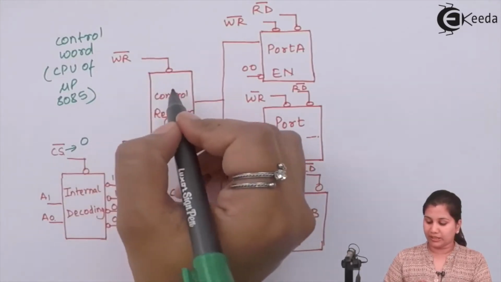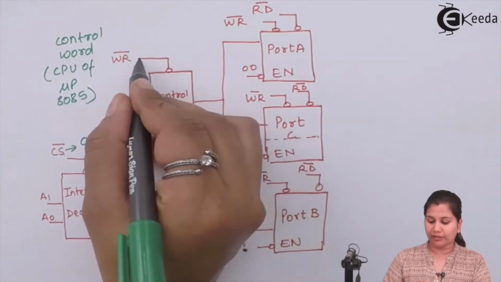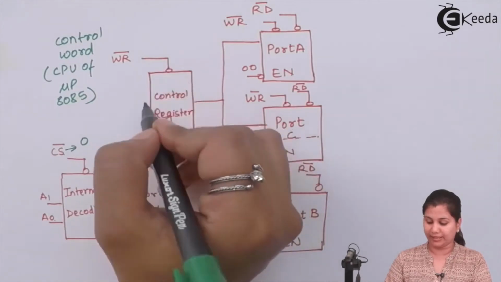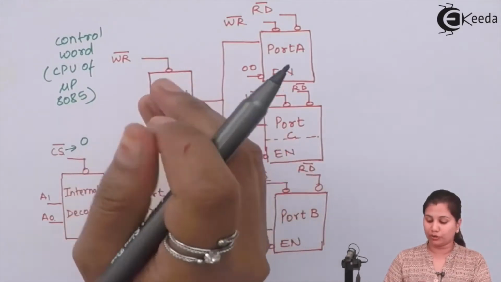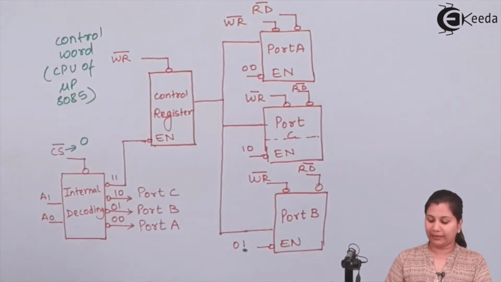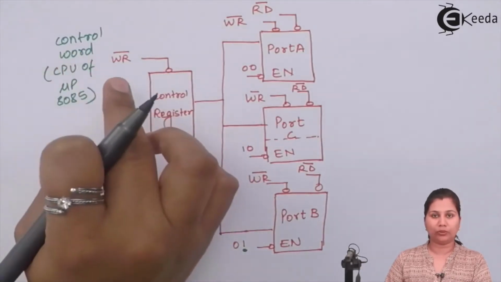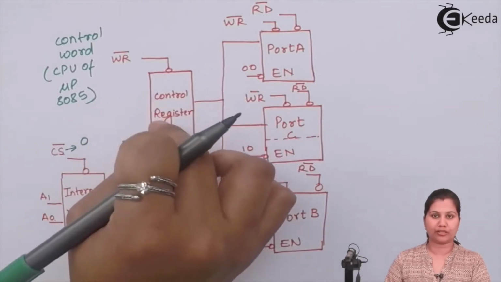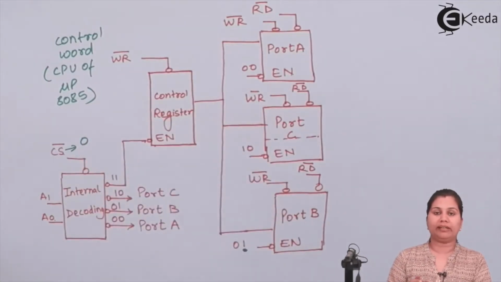You can see that the control register has only the write signal, the read signal is not connected here. So the control word can only be written into the control register. The control word cannot be read by the microprocessor.